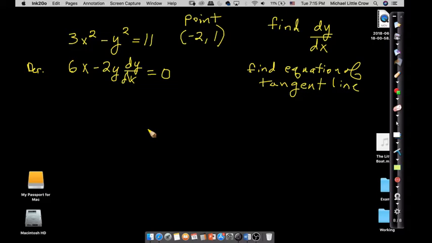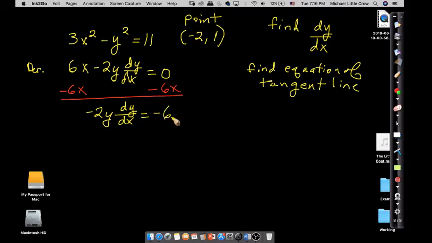We solve this for dy dx, so this is the algebra part. We subtract and then divide by the thing in front. Okay, so I'm going to subtract 6x from both sides. That's gone. We got minus 2y dy dx equals negative 6x. Now what do we do?